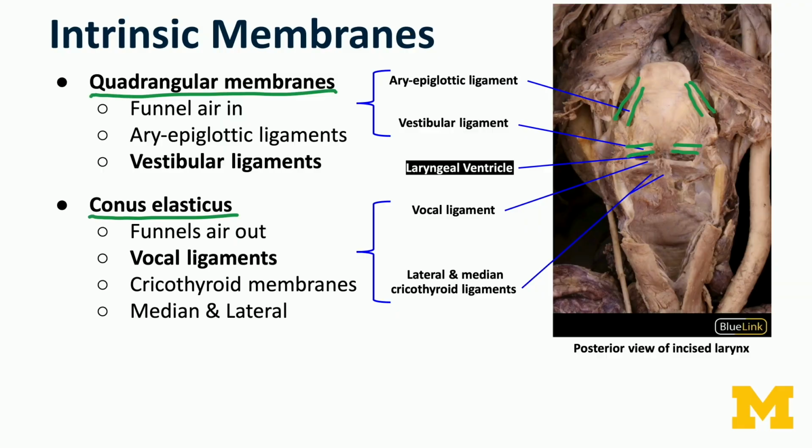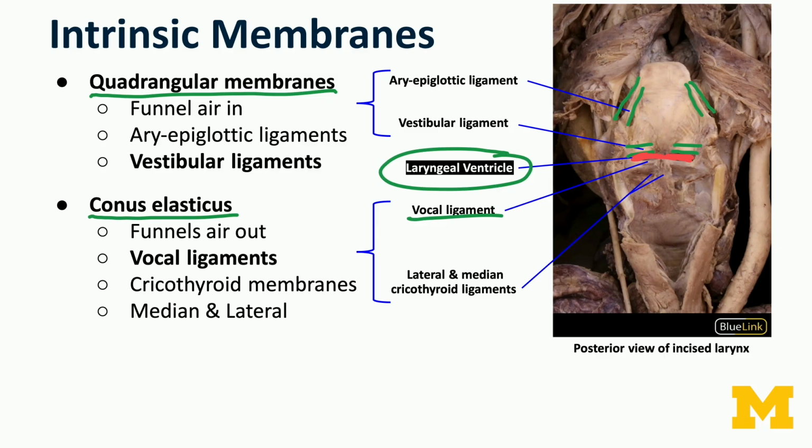Now, this is sitting superior to a region known as the laryngeal ventricle. It's this dark area, but we can just fill it in with red. It goes further laterally than this, so we can only see a little bit of it. But this is the space between the vestibular ligament proximally or superiorly and the vocal ligament or vocal folds inferiorly or distally.